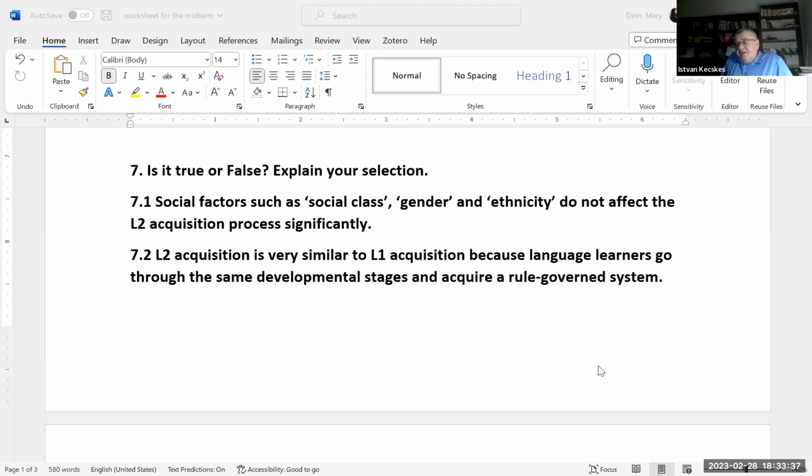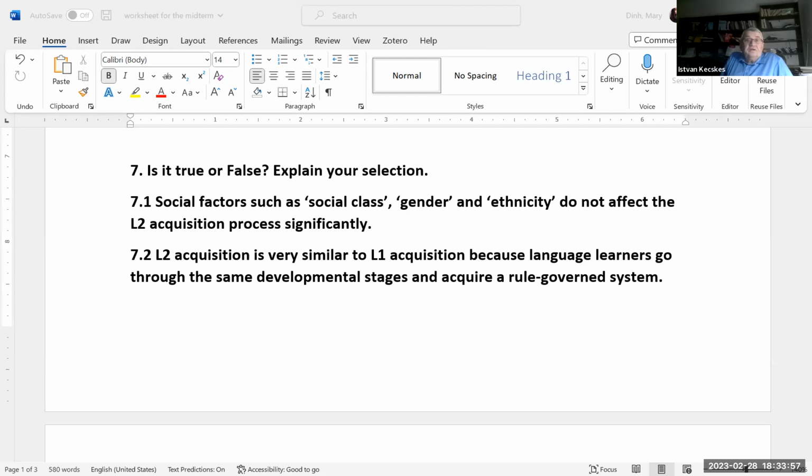Yeah, you know, and you must remember that we have always emphasized that we cannot necessarily separate language development from social factors. So social factors are always there. The question is to what extent only, and what kind of social factors.